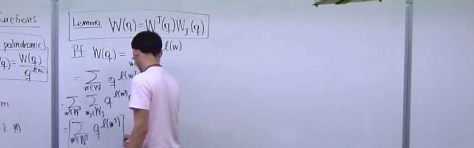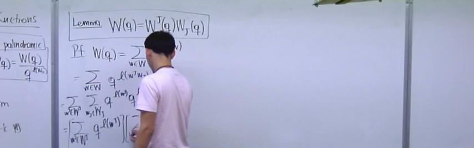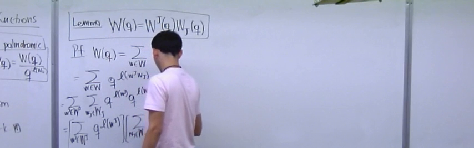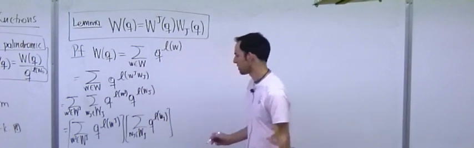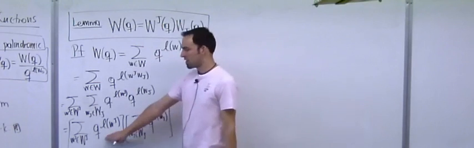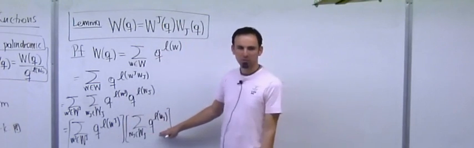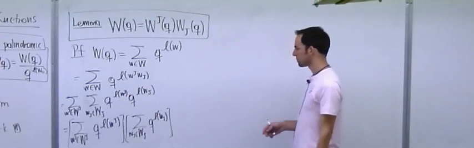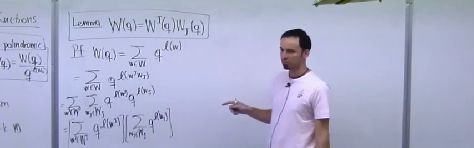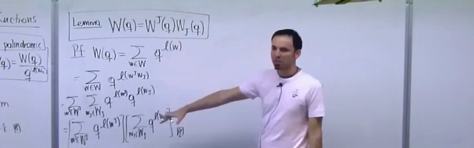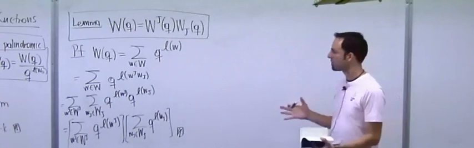I separate it like this and like this. Okay. If I multiply this sum times this sum, then when I distribute, I'm going to get exactly this double sum. Okay. And that's it. This is W super J, and this is W sub J. So really, there's nothing here except kind of working through the notation and making sure that you understand the notation, but it's a pretty straightforward lemma.